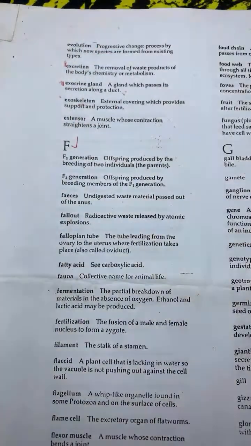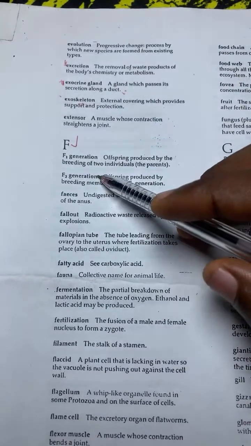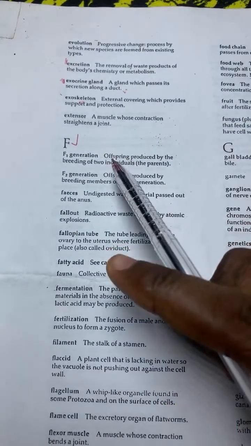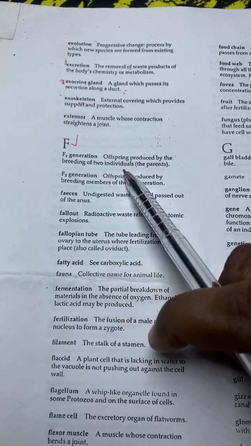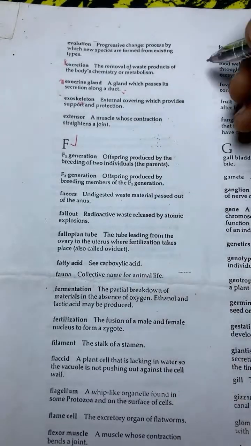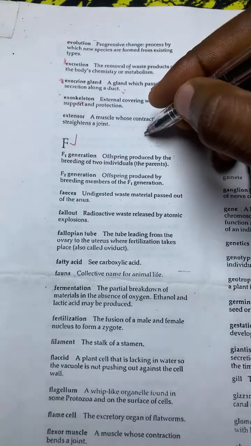We'll enter F now. From F, we have what we call F1 generation. Under F1 generation, we are saying that F1 generation is offspring produced by the breeding of two individuals. Say for instance, if you've not watched my video on genetics, go and watch it.